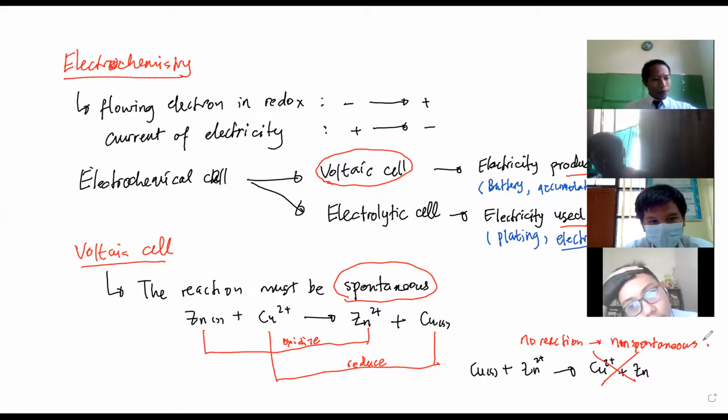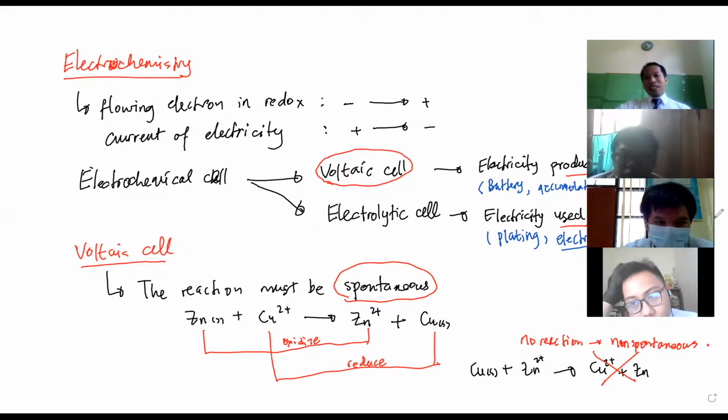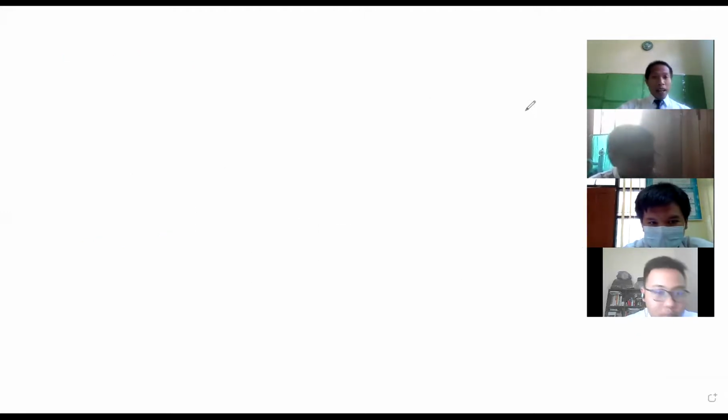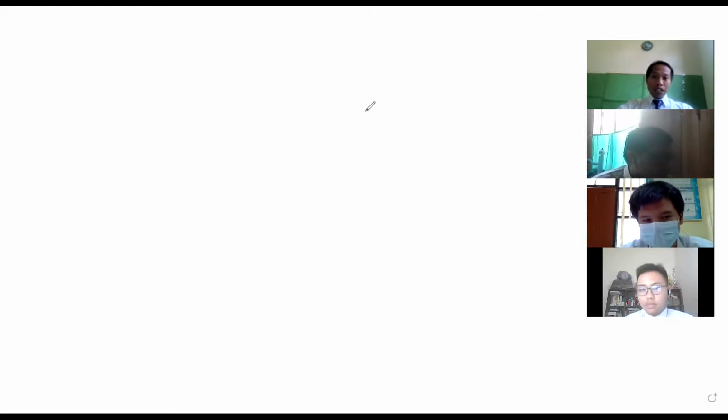All right. Is it clear up to here? Right. Can I erase all of this? All right, I will erase all of them. Now, after we know about spontaneous and non-spontaneous things, in a Voltaic cell we say that it is a spontaneous reaction.